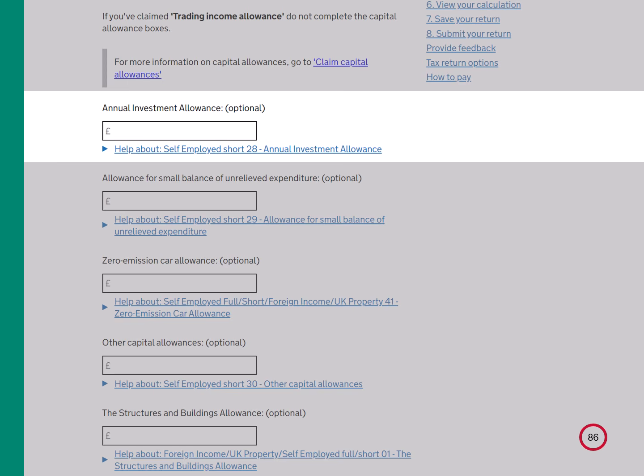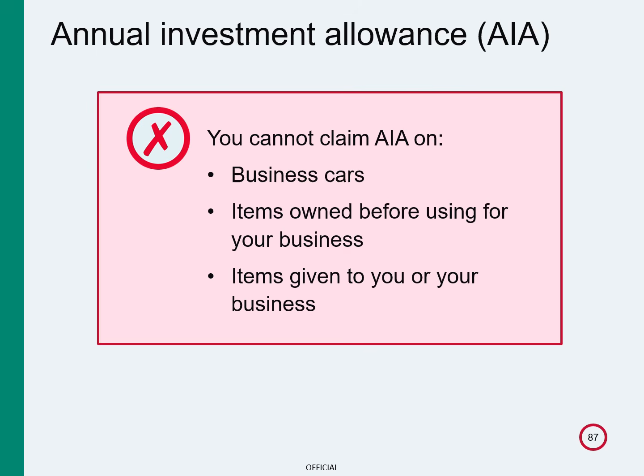Most plant and machinery up to the AIA amount of £1 million can be claimed. However, you cannot claim AIA on business cars, items you owned before you started using them for your business, and items given to you or your business.